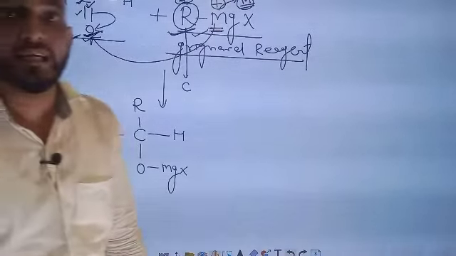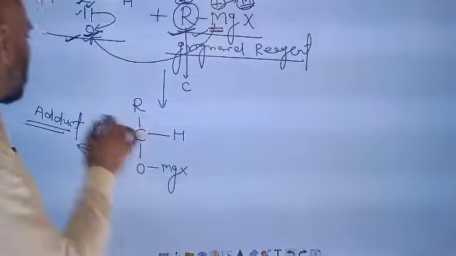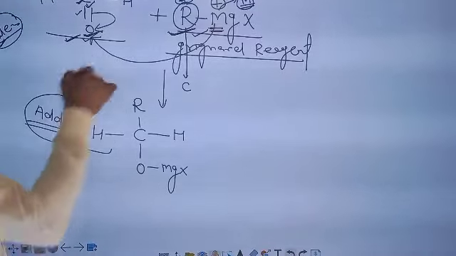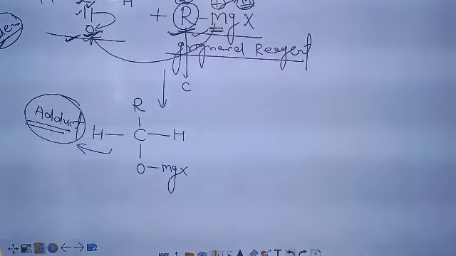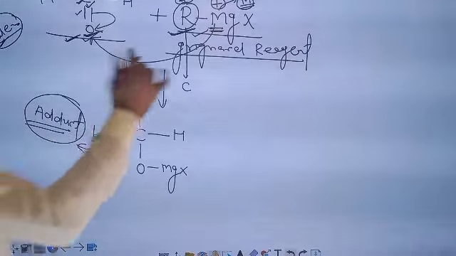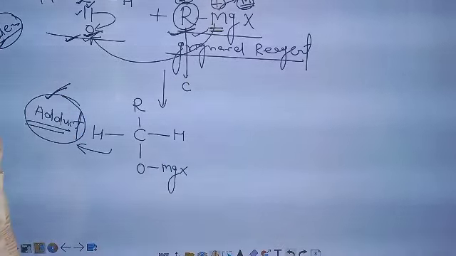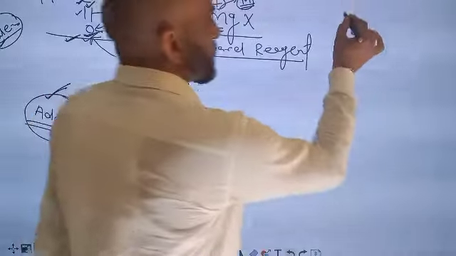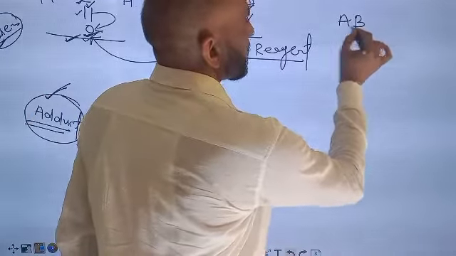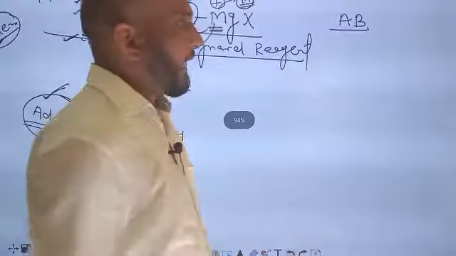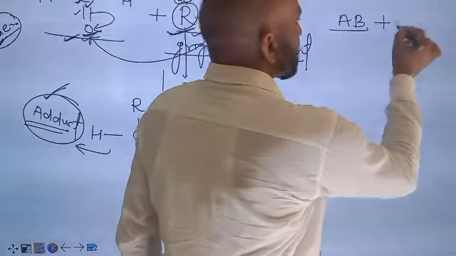Which products are adducts? The definition of an adduct is: if a reactant and a reagent react with each other and no byproduct forms, then the compound is called an adduct. For example, suppose we have reactant AB and another reactant CD.